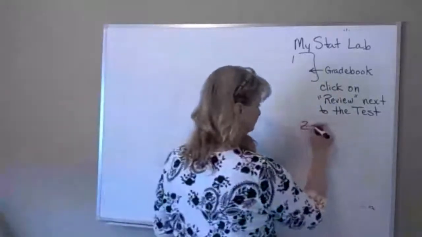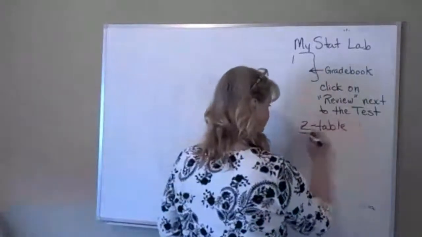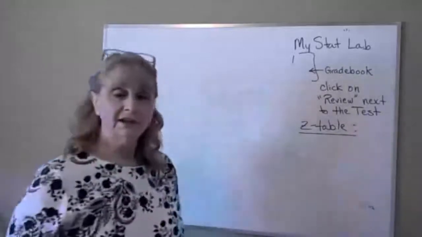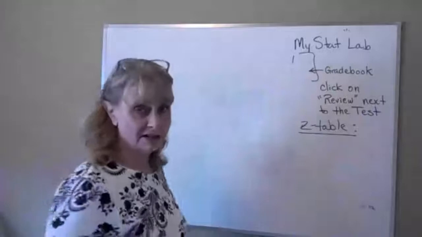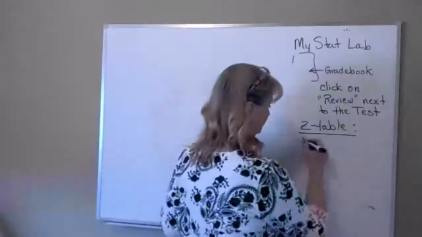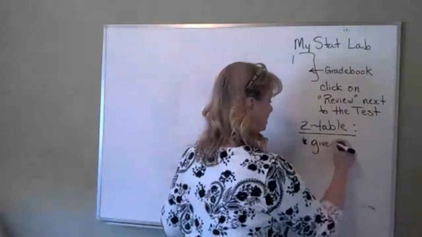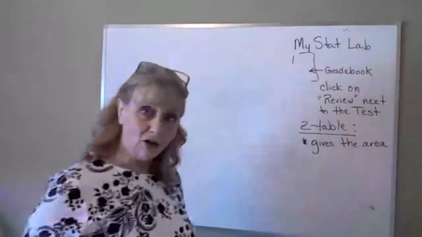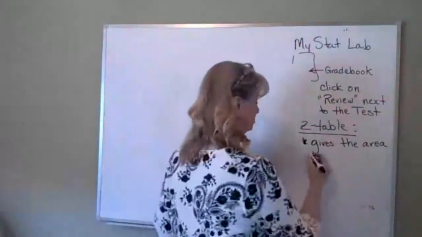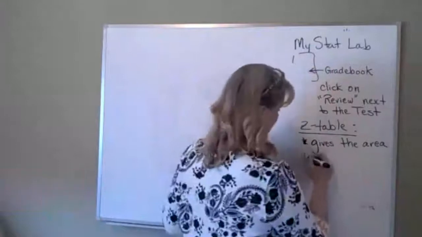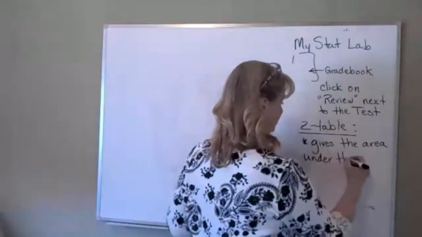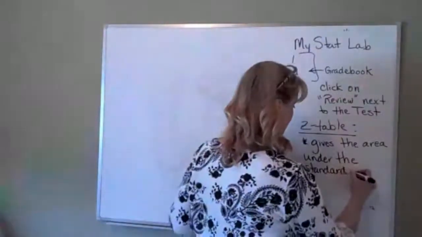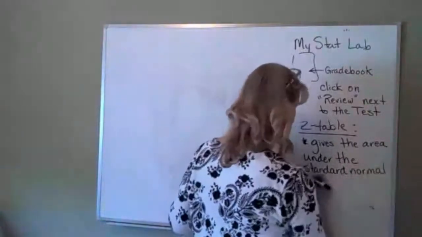So, the z-table. Make sure you print it off. And the z-table, remember, gives the area to the left of a z-score. I want you to memorize that. Gives the area under the standard normal probability distribution curve. That's a lot of words. I'm just going to say curve.